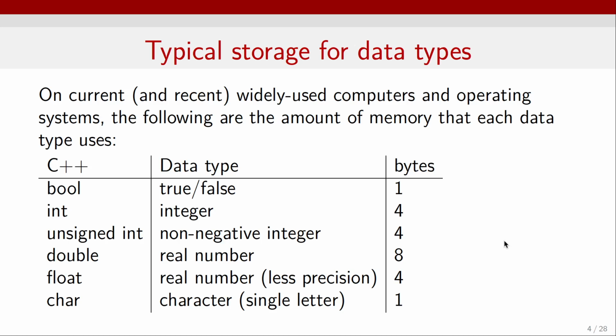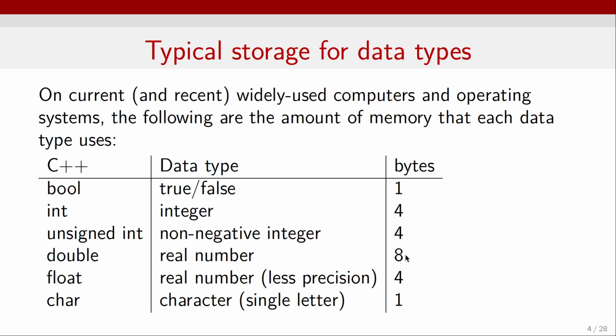On current and recent widely used computers and operating systems, the following are the amount of memory that each data type uses. A bool, that's true or false, occupies 1 byte of memory. An integer occupies 4 bytes. An unsigned integer also occupies 4 bytes.